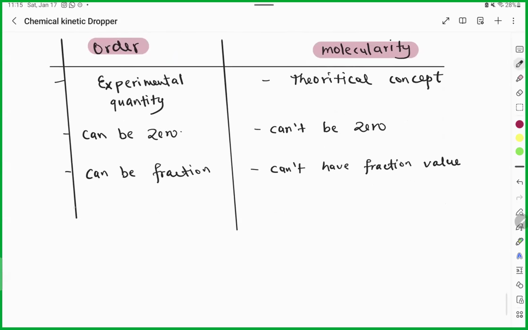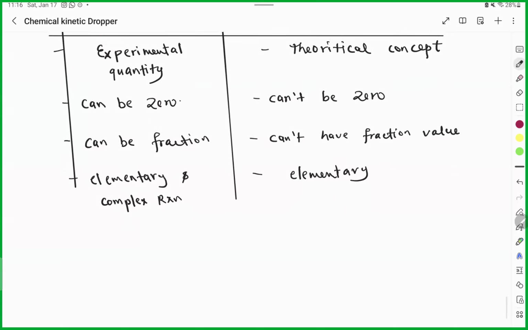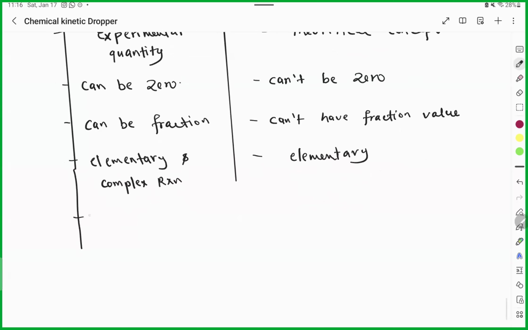Then, you can calculate order for both elementary reactions and complex reactions. Elementary reactions and complex reactions have order. But molecularity is applicable only for the elementary reaction. No use in the case of a complex reaction. Correct? Then here it is explained by the slowest step if you have a complex reaction.